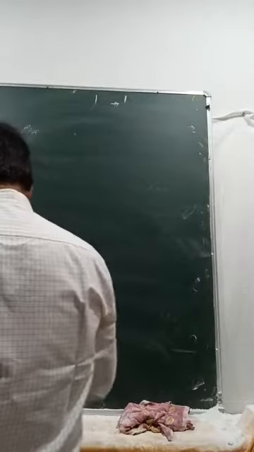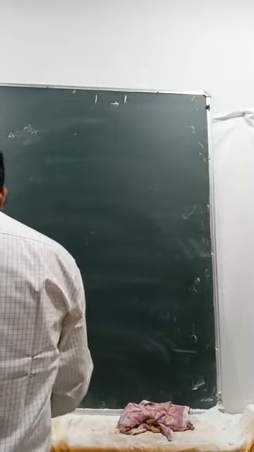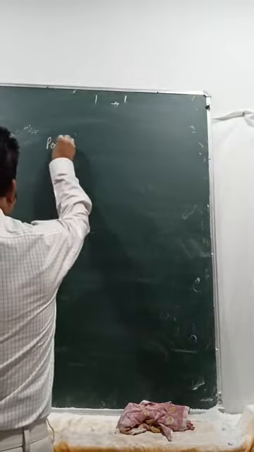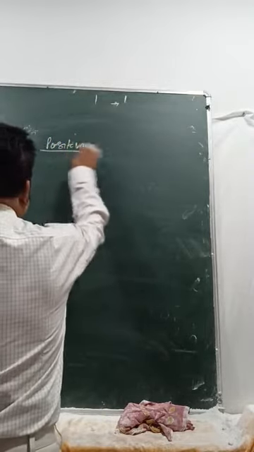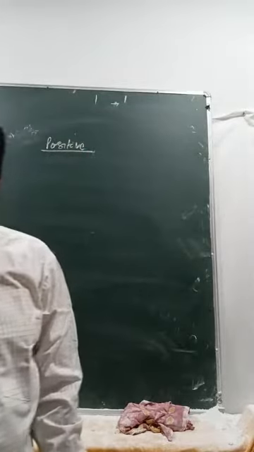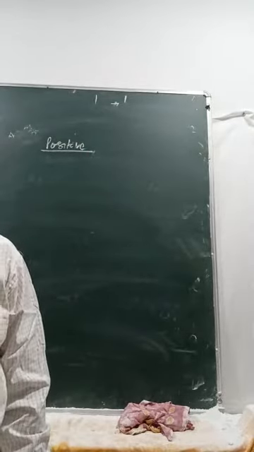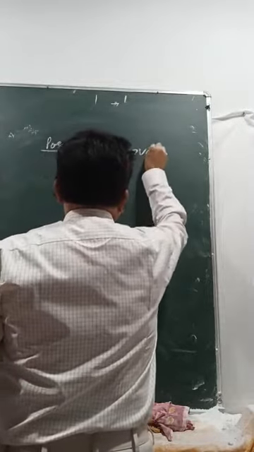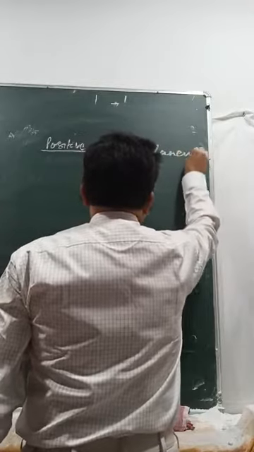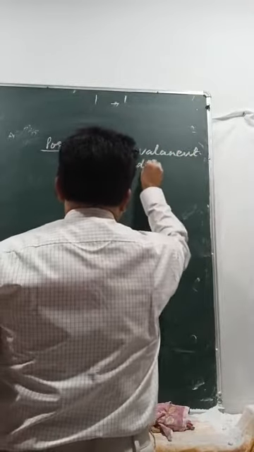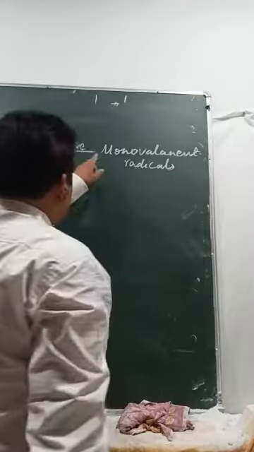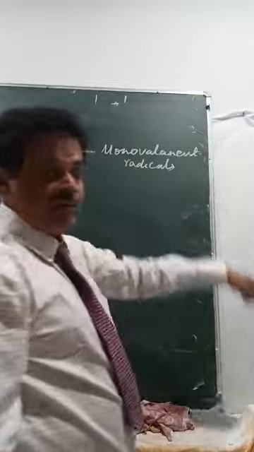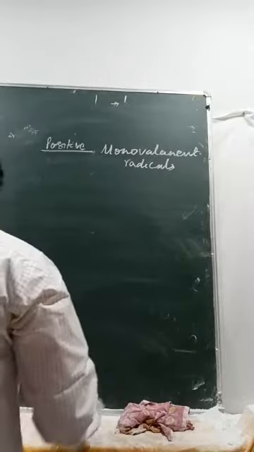So what you have to remember is, write down positive monovalent radicals, means whose valency is 1 in the radical. Radical means it will donate the electrons. So we can write down those things.